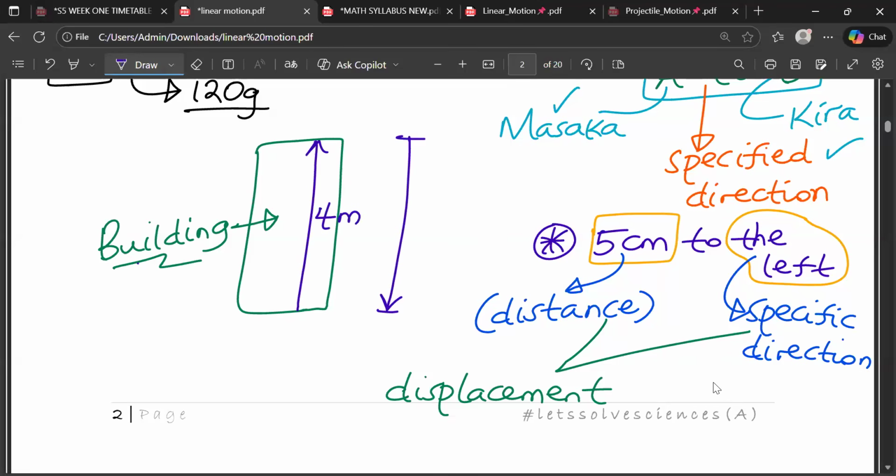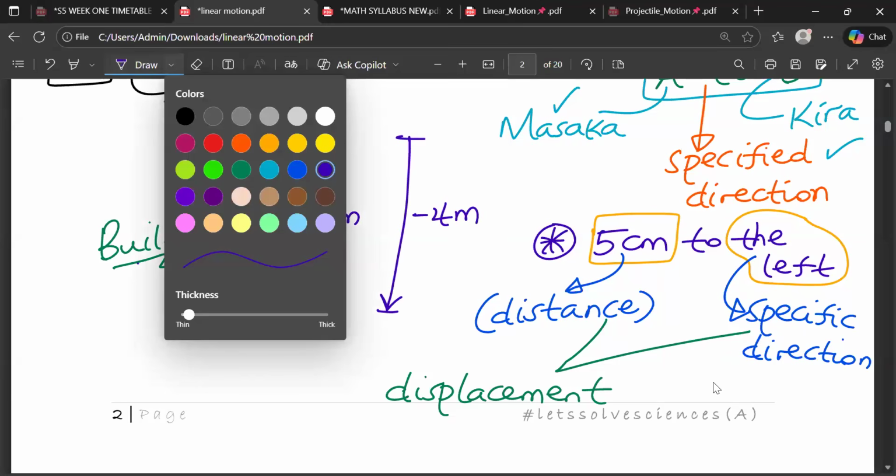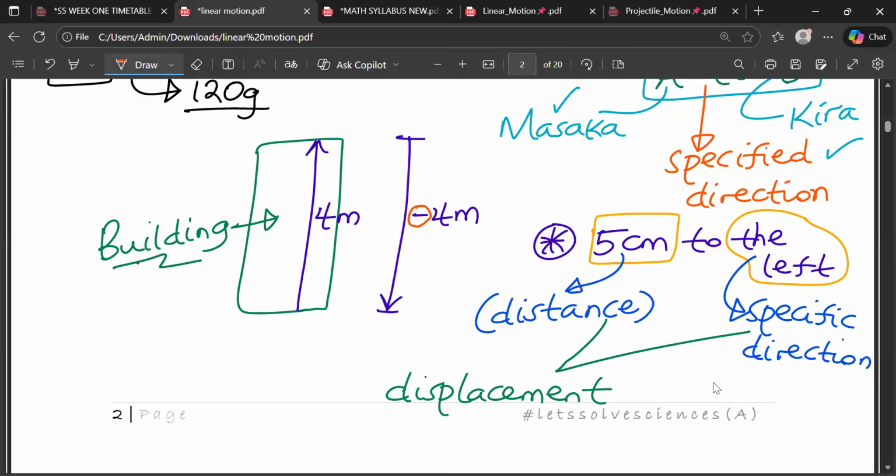Then they tell you, these ones are -4 meters. Because that's what they want. They may even interchange and say the first one is the -4, this one is the +4. But what am I trying to show you here? That the moment they start specifying direction for distance, that one becomes displacement. You get? So this negative was showing what? Direction.